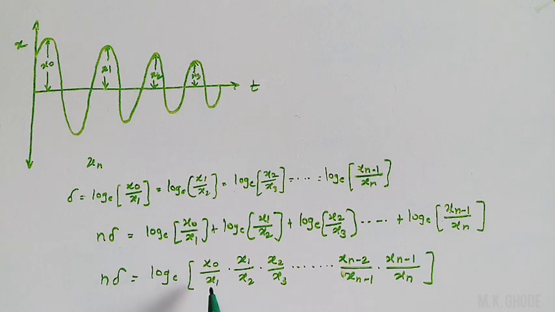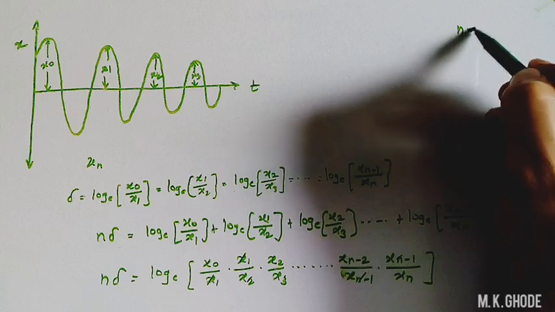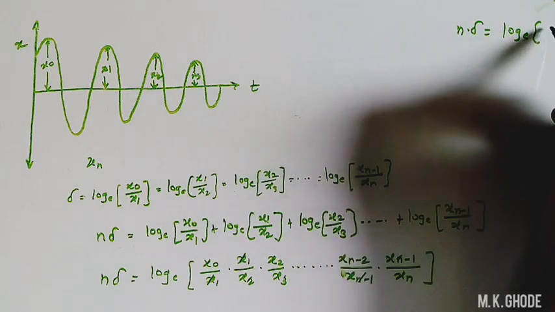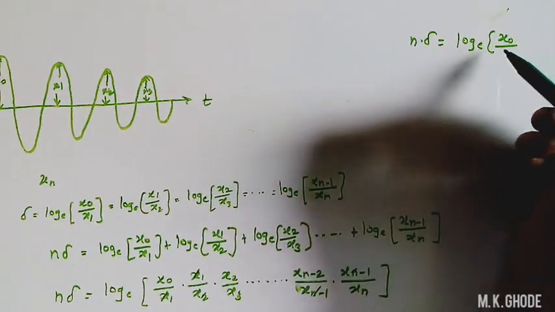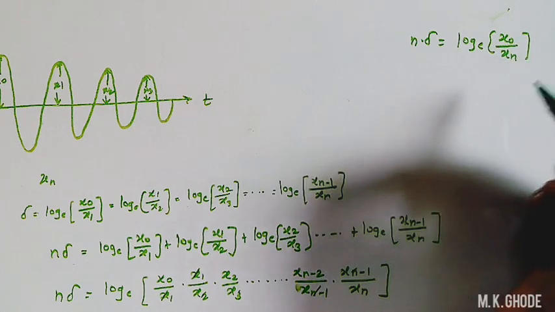You can see over here the terms x1, x2, x3, up to xn minus 1 will get cancelled and we will get n into delta equals log to the base e of x0 upon xn.